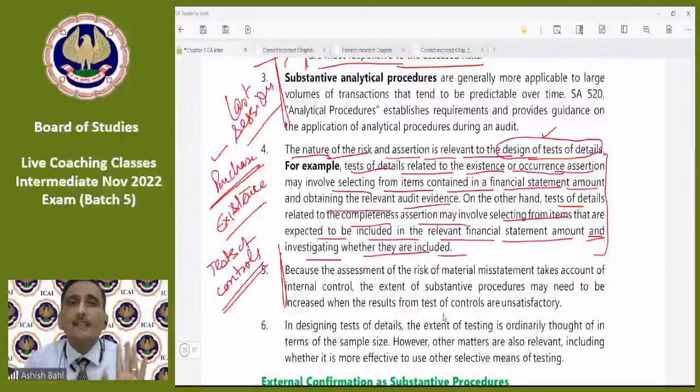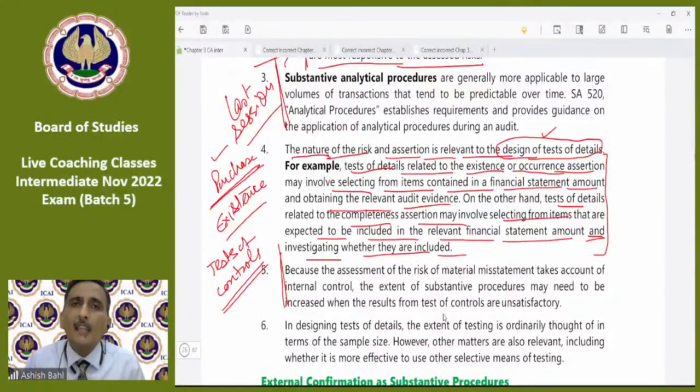So if the auditor has checked tests of control and he is satisfied that all the sales transactions are being recorded properly and are simultaneously reduced from the stock records, and these sort of things, so he gets an assurance from testing these controls that there is less likelihood of misstatements here.